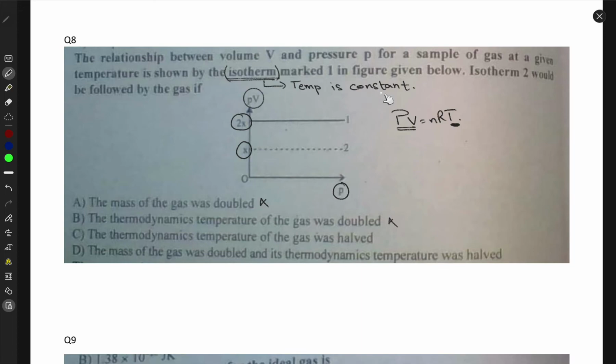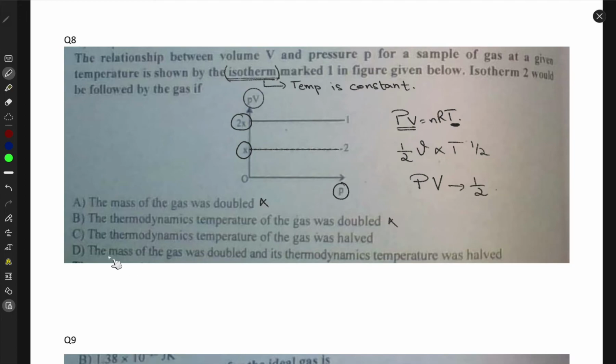Because this still remains an isotherm. It's still maintained at a particular temperature, but we can change the value of the temperature and keep that constant everywhere. So this makes sense, because I can see that V is proportional to T, so if I halve T, that would halve V as well, and so the product PV would be halved as well.